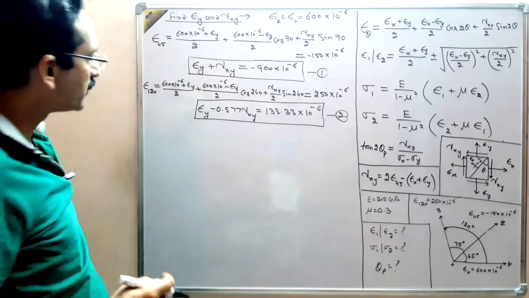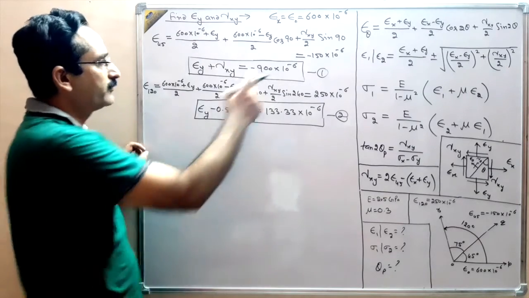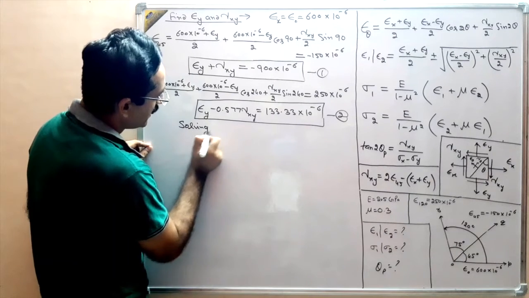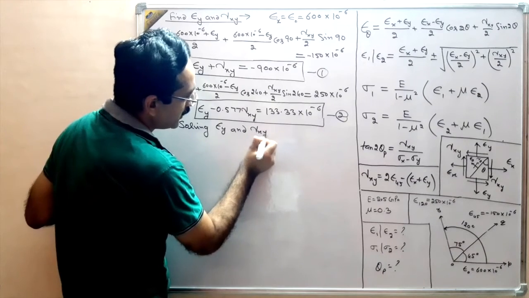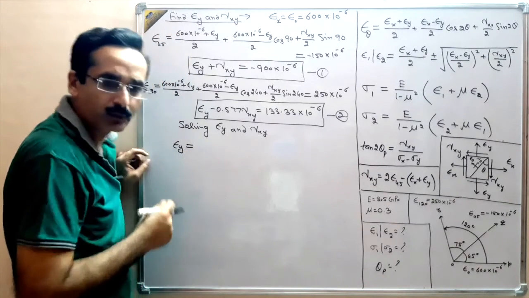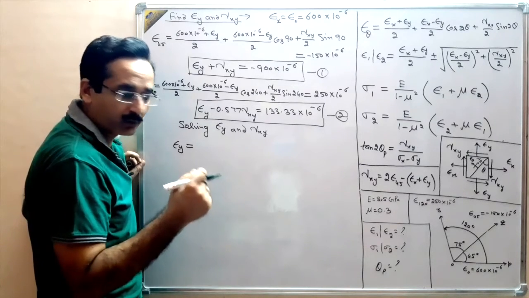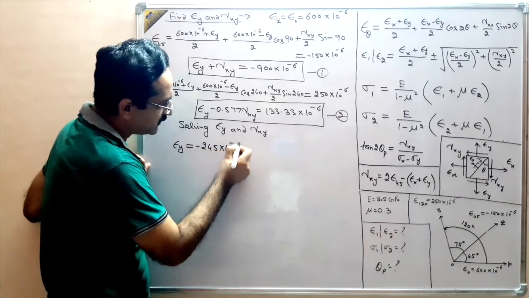Use a calculator to solve these equations, or otherwise you can solve them, and you will finally get the values: epsilon y will be equal to minus 245 multiplied by 10 to the power minus 6.